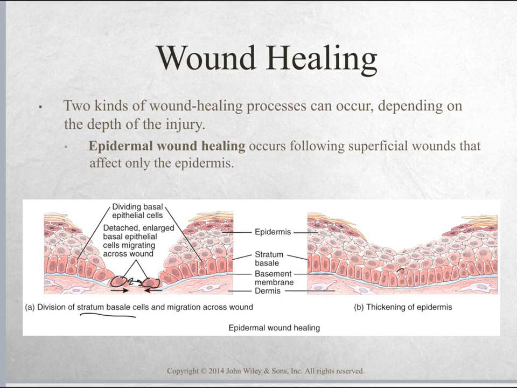And you can see here in this picture on the right, we see multiple stages of mitosis. This happens to be telophase, where those cells are giving rise to more and more cells above. So we're slowly replacing and repairing the cell layer above, and this gives us thickening of the epidermis. Now these superficial wounds typically tend not to scar as greatly as deep wounds do. And we'll cover deep wounds in our next slide.